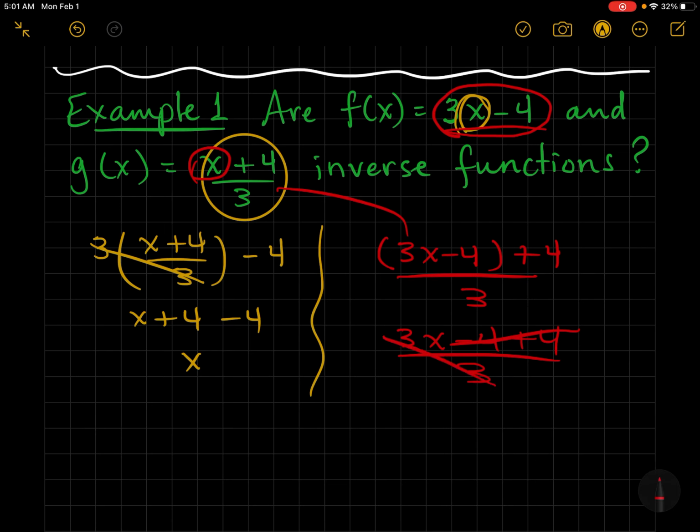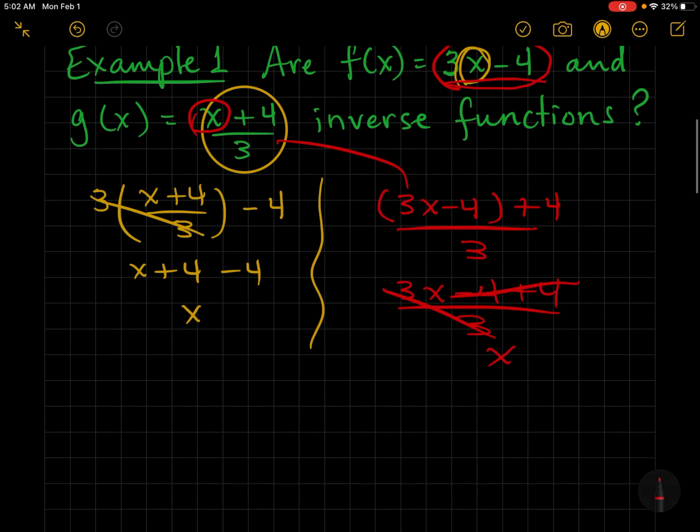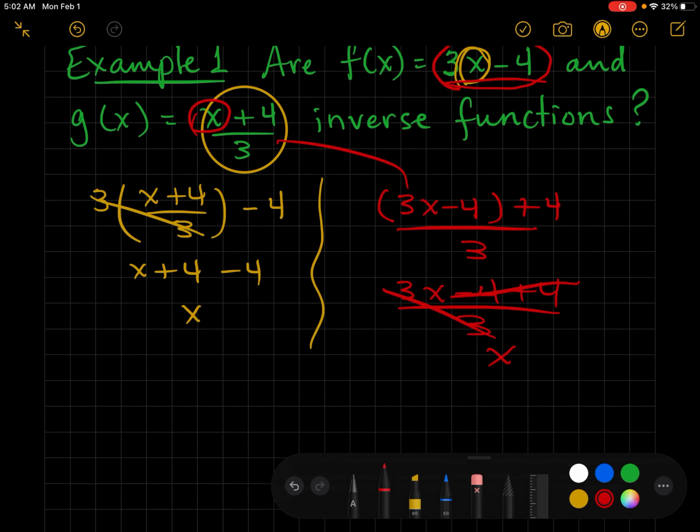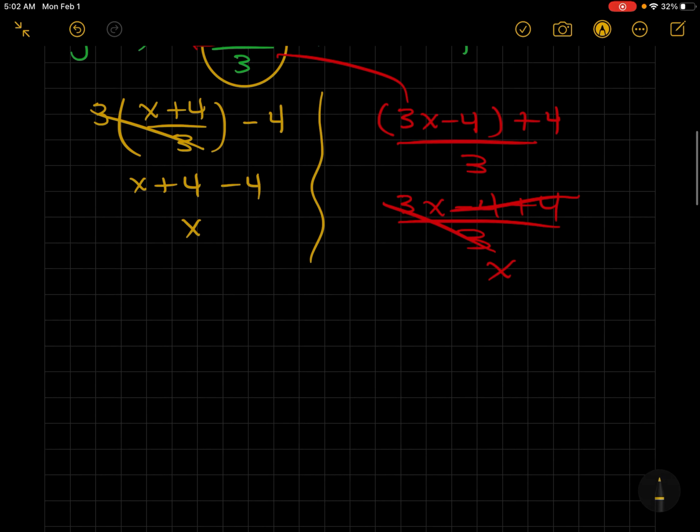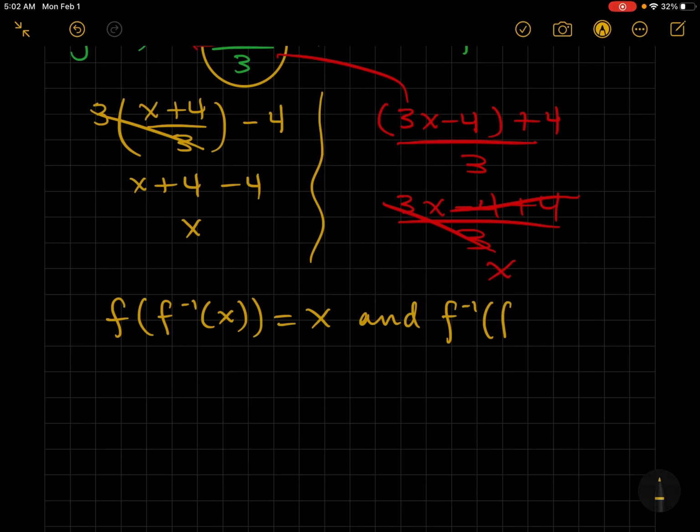And certainly, we can see everything unfolds really easy. When you go to pre-calc, you're going to see this as f of f inverse of x equals x, and f inverse of f of x also equals x.